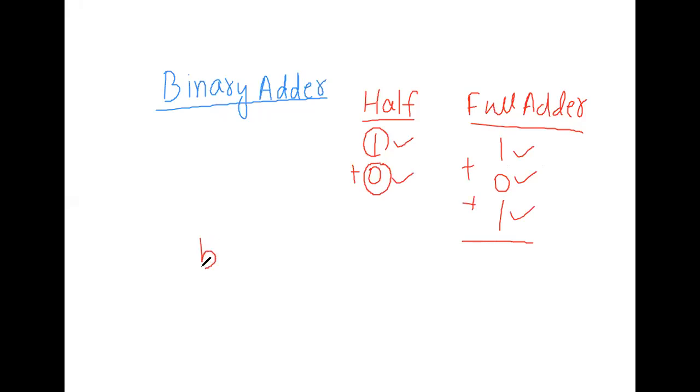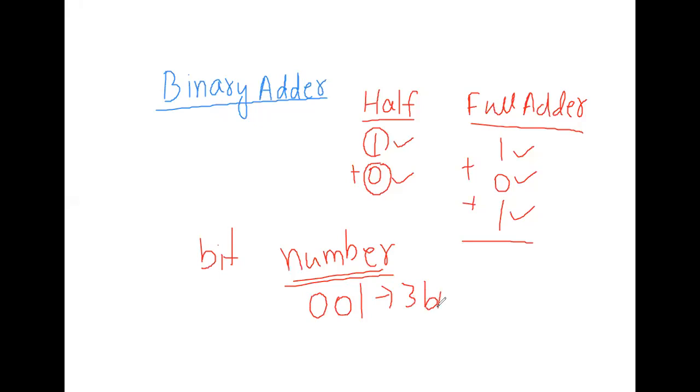So this bit is different from a number. A number consists of several bits. Let 001 be a number. How many bits? Three bits. If I write 1010, it is also a number. How many bits does it consist of? 4 bits. So a number consists of more than one bit.